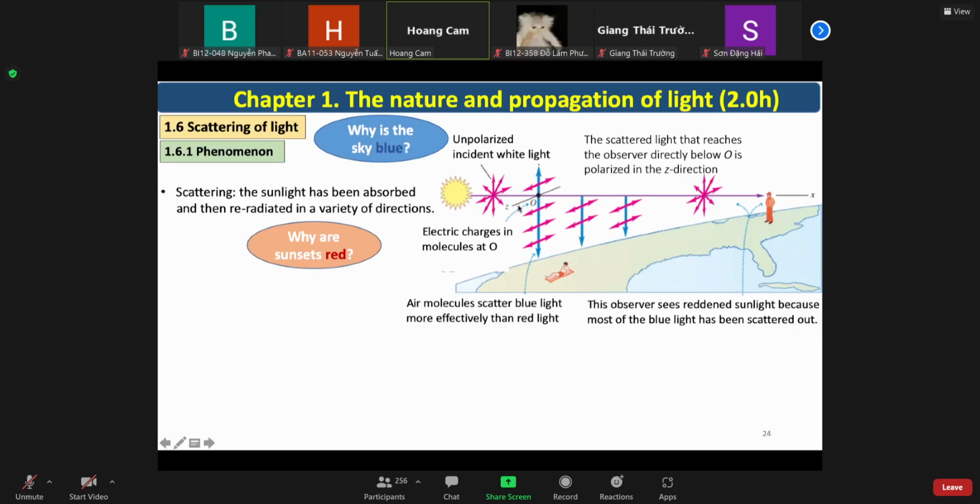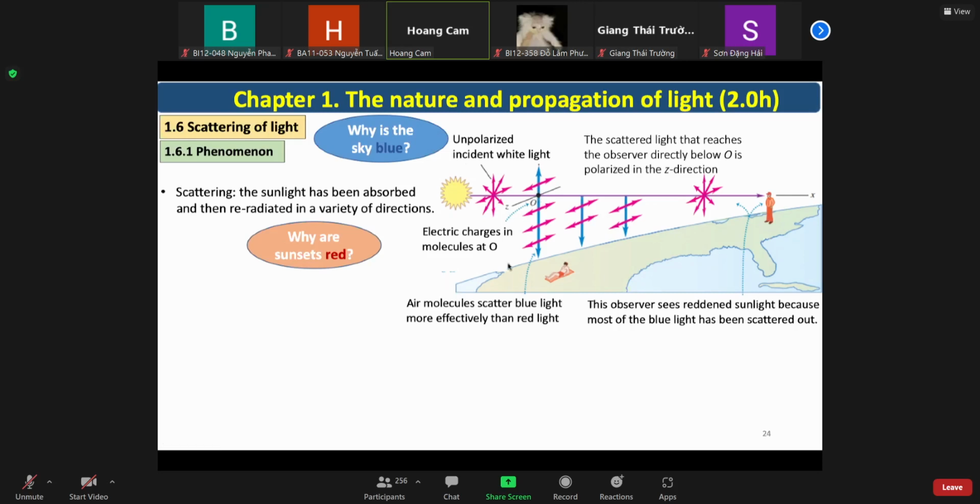We can analyze it in two axes, Y and Z, with X, the third Cartesian coordinate, being the propagation of the light. So we can analyze in these two directions.